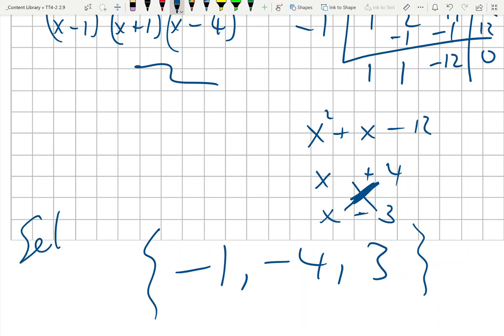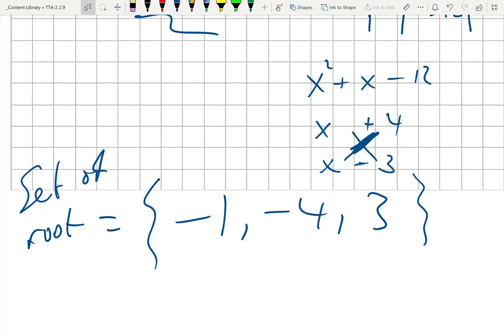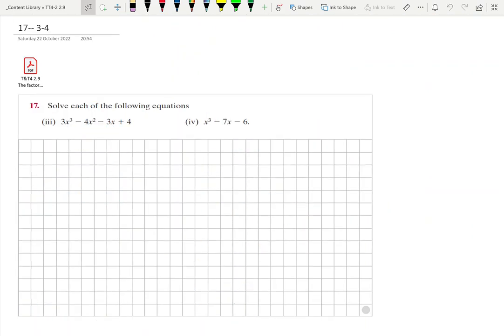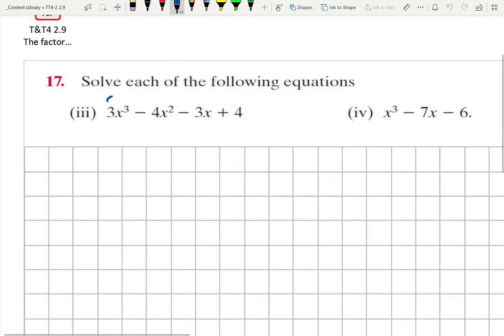The set of roots equals 0 and 0. Is there something wrong? Same thing again.